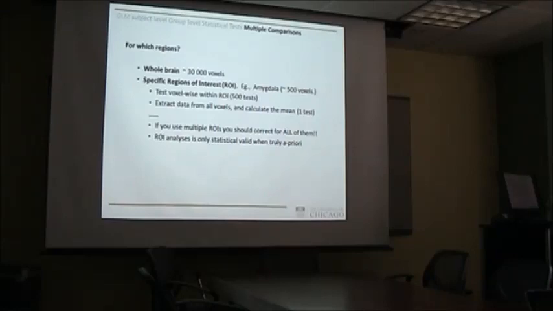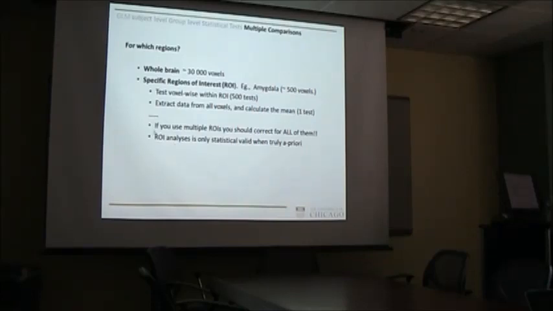If you first correct only for the amygdala, and then you run your tests and correct only for the insula, you still end up running all these tests again. So if you want to do proper ROI analysis, you should combine all the regions you're interested in and correct for all of the voxels within these regions. You would often see that people have, say, 10 different regions of interest and test for each of them separately.